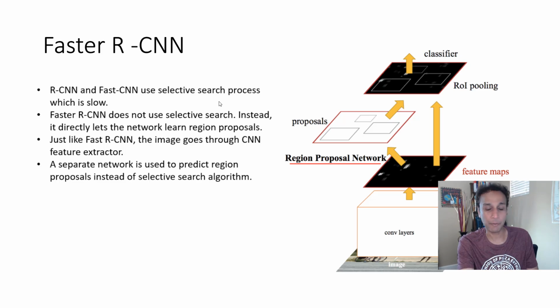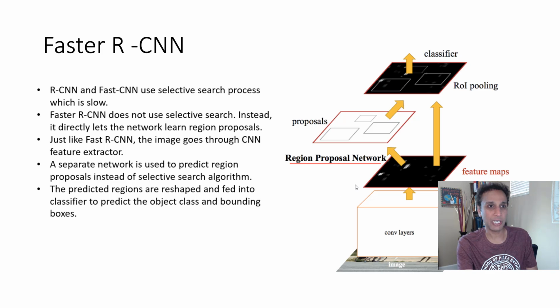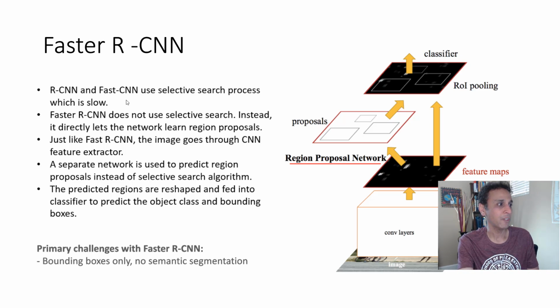It's not using non-maximum suppression; there is another network that predicts the regions. That network gets trained. The predicted regions are reshaped, and the rest of the process is pretty much the same. So the region proposal network, an independent network that is not selective search based, is what makes this faster compared to fast RCNN.